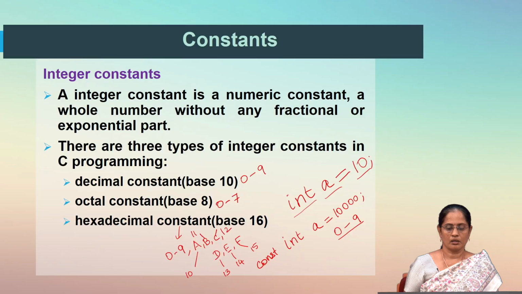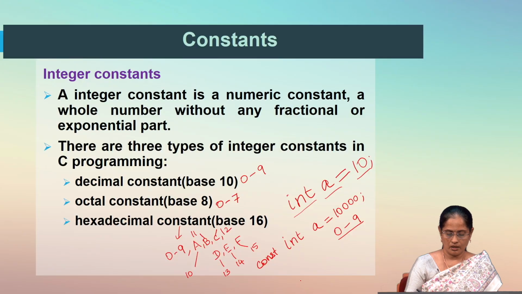So, the hexadecimal number system is of base 16, which includes 16 values starting from 0 to 9 and A to F. This is how the hexadecimal constant representation works in the C language. So, how do we define a hexadecimal constant?